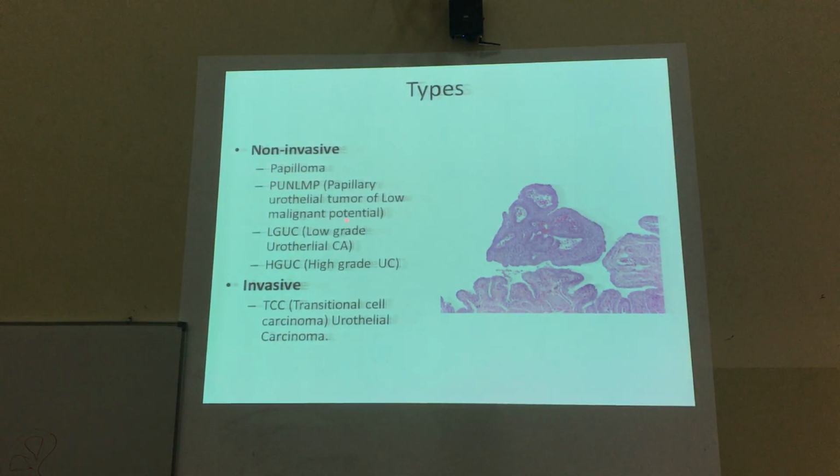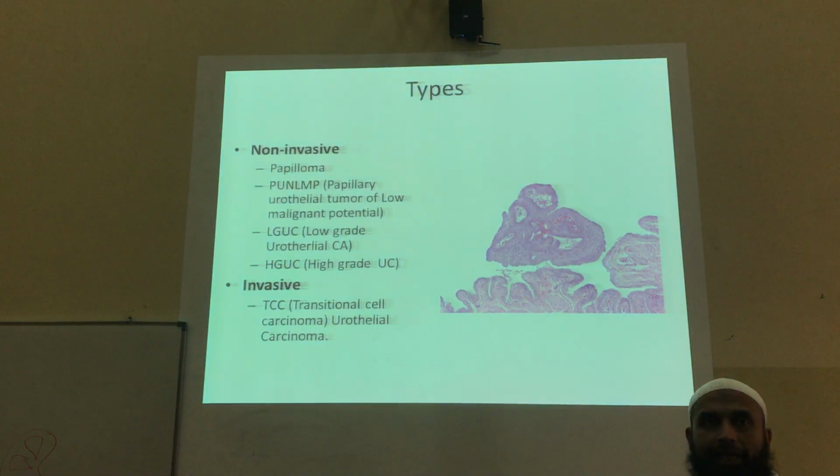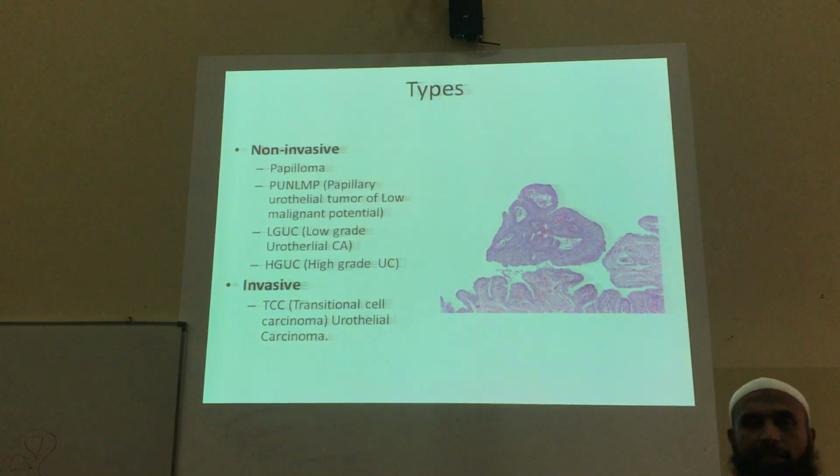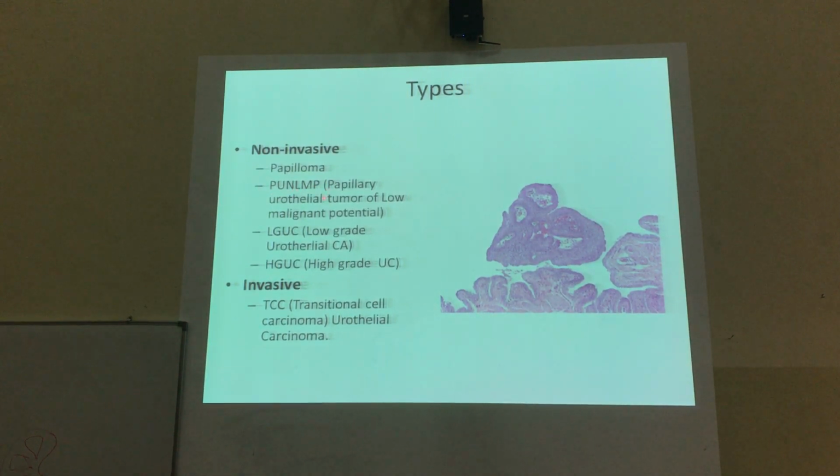Then the second one, in between, still has no invasion, but it has some atypia. It is not totally benign, but a little atypia is present. We call it papillary urothelial neoplasm of low malignant potential.